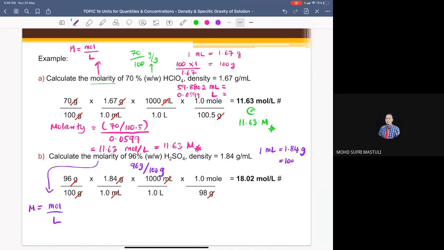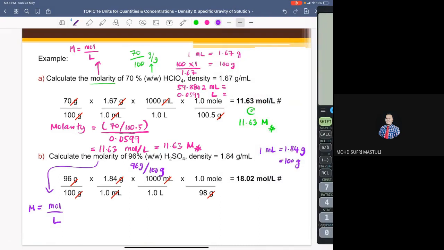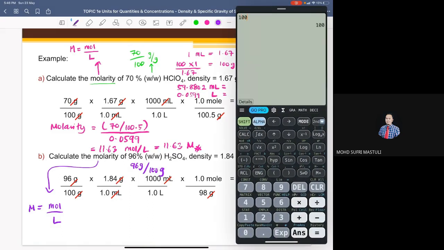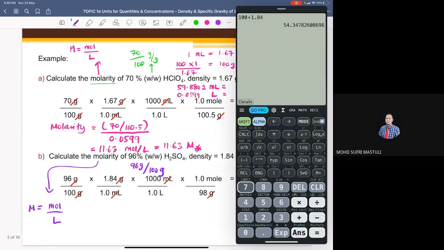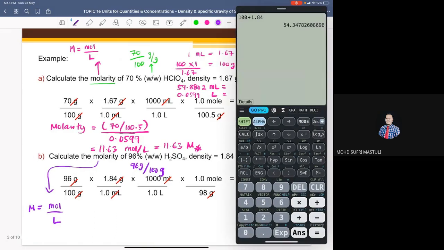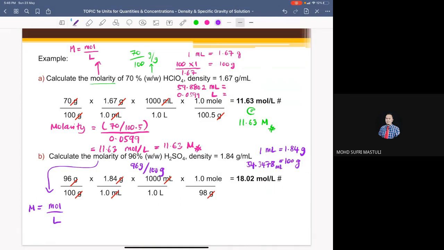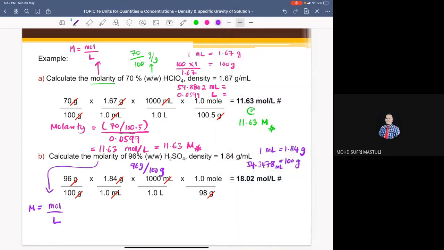So 100 gram is equivalent to 100 over 1.84, which is 54.3478 ml. Divided by 1000, you can have it in liter.